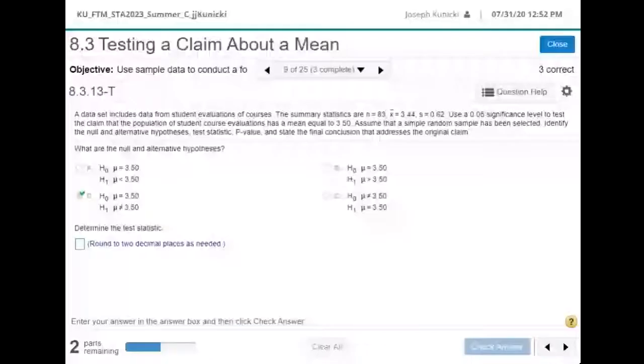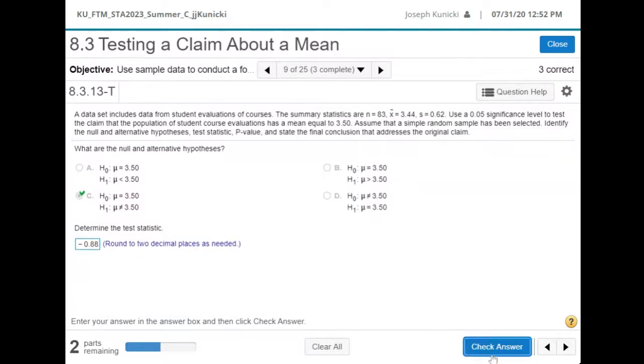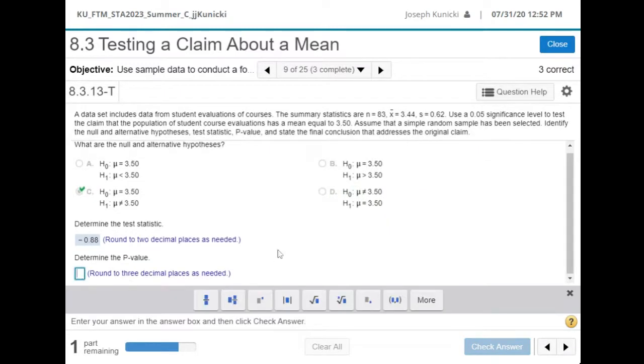Here it comes. Okay, so the test statistic T was negative 0.88 to 2 decimal places. Check answer. Good to go. The p-value rounded to 3 decimal places was 0.381. Obviously, it's not low.